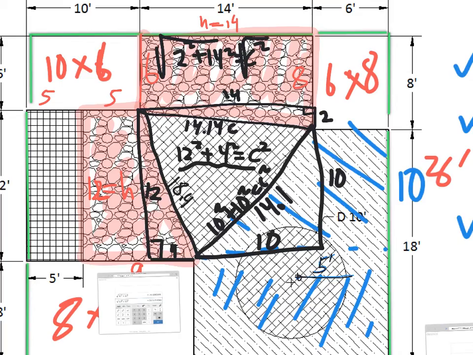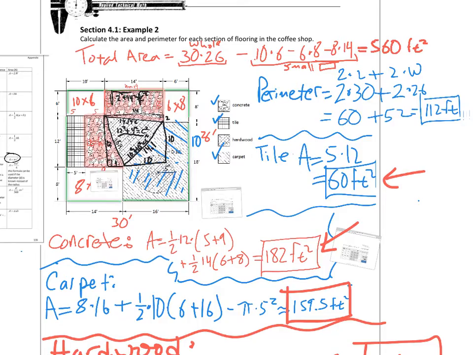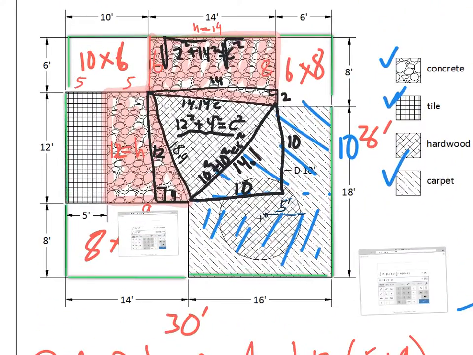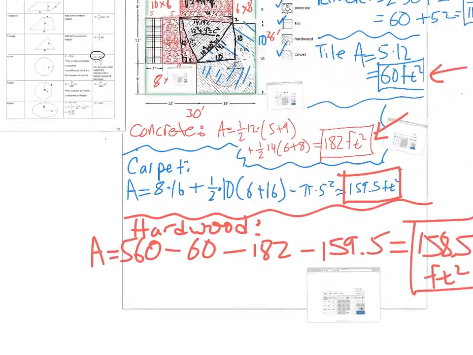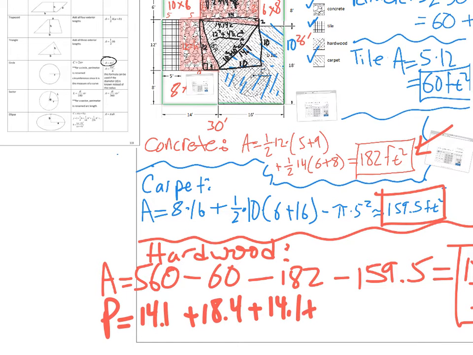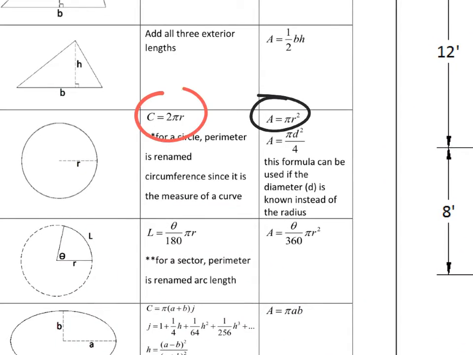Okay. So now we have everything we need to find the perimeter, all right? So the perimeter of that hardwood is this triangle, let's add those up, plus the circumference of the circle. All right, so let's come down here and we'll get that perimeter. So we have those three parts of the triangle plus the circumference of a circle here. Circumference is 2 pi r right there.